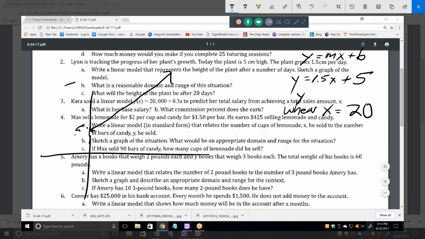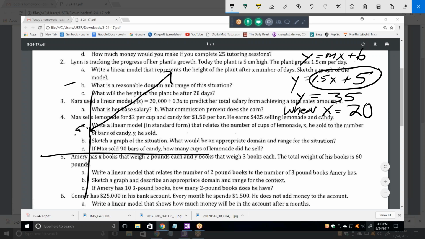Do the math. What's that equal to when x is equal to 20? That's why you're going to need a calculator, always, when we do sessions. Oh, 35 centimeters. So we have a 35 centimeter high plant at the end of 20 days.